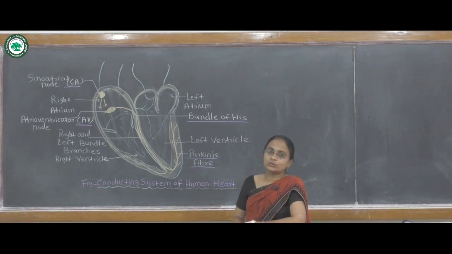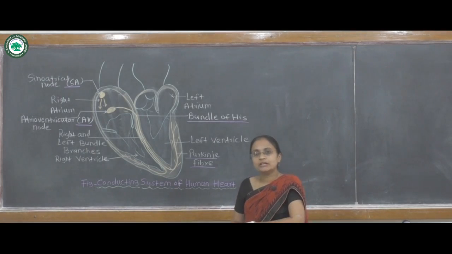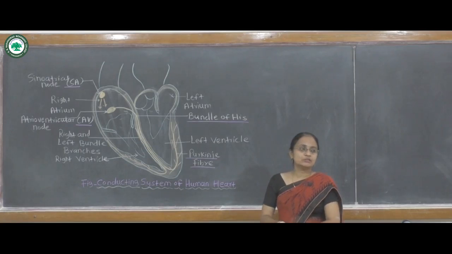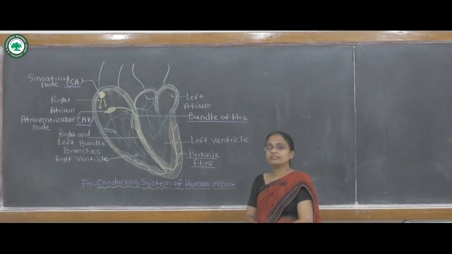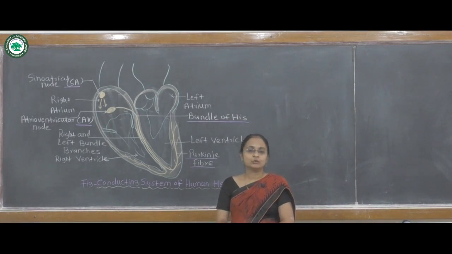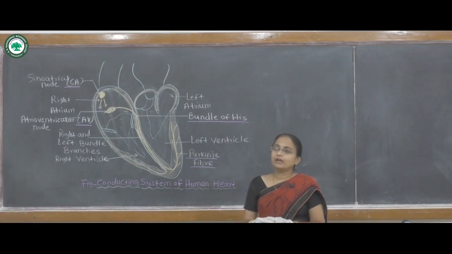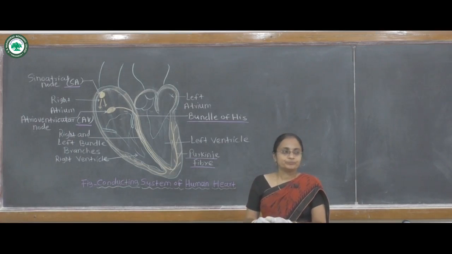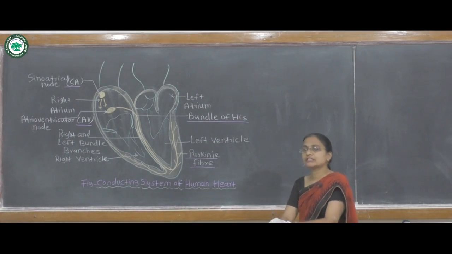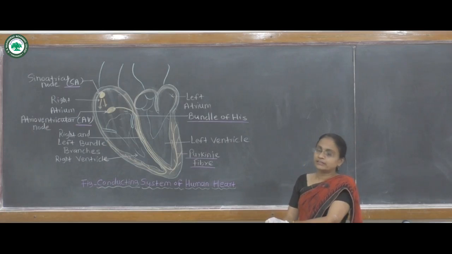The heart shows the double circulation mechanism, meaning blood has to pass through it twice in the circulatory system. In the first circulation, the deoxygenated blood enters the human heart and goes towards the lungs for purification. After purification, it goes back to the left atrium, and this completely purified blood enters the left ventricle.